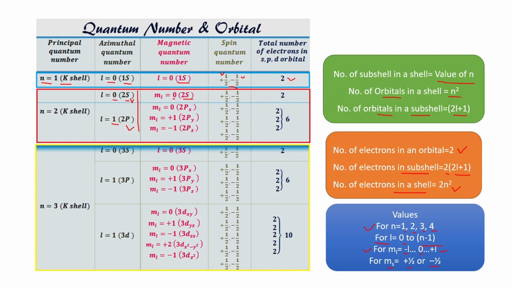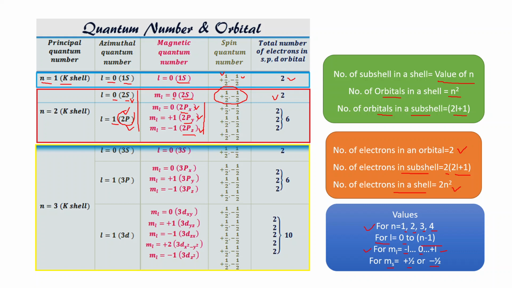Two electrons are there with plus half and minus half spin quantum numbers. Now the 2p subshell has three orbitals, designated as 2px, 2py and 2pz. Actually the p subshell has three orbitals, px, py and pz, and this p subshell belongs to the second shell. That's why we write 2px, 2py, 2pz, and their ml values are -1, 0, +1.